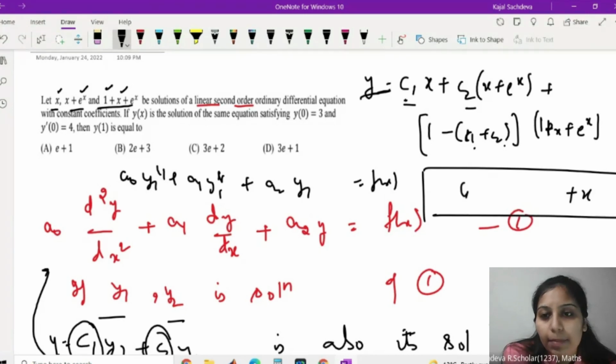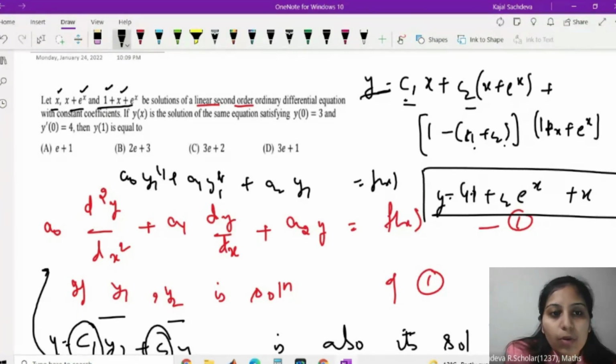And another can be C1 into 1 and C2 into e raised to power x. So these solutions can be generated by this equation. How? If we want to write x, we just put C1 and C2 equal to 0. Here C1 and C2 are arbitrary constants. So when we put C1 and C2 equal to 0, we get x only. And the next one is x plus e^x. How do we get x plus e^x?